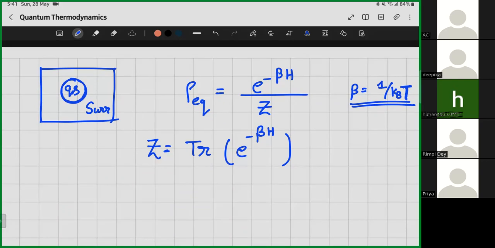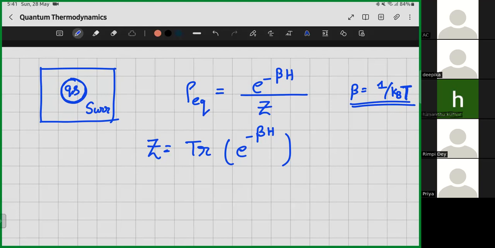But then why are we dividing by Z? Z is the partition function. You are writing Z equal to trace over exponential minus beta H, right?